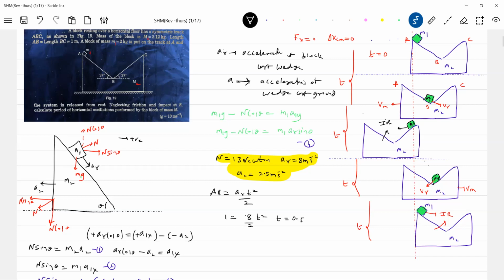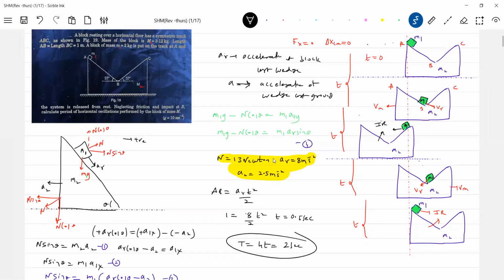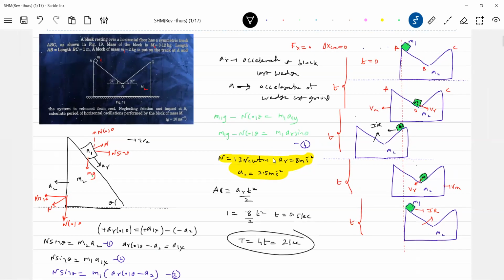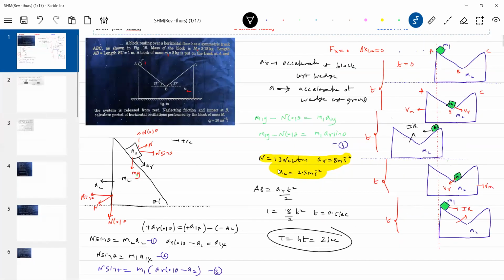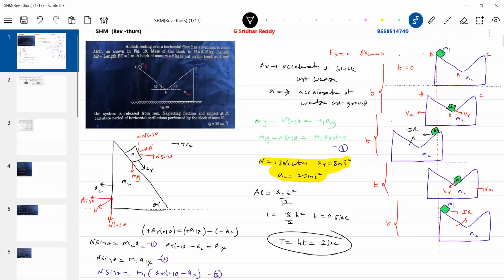It comes to 0.5 seconds, so the total time period will be 40. Somehow we should understand the rightmost diagrams as a concept. Look at it once.